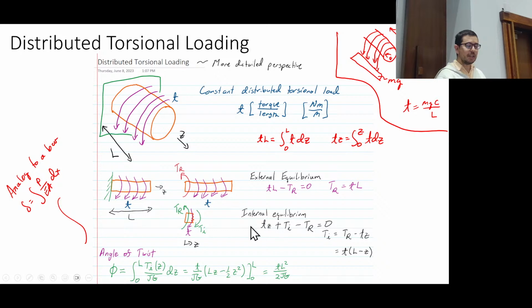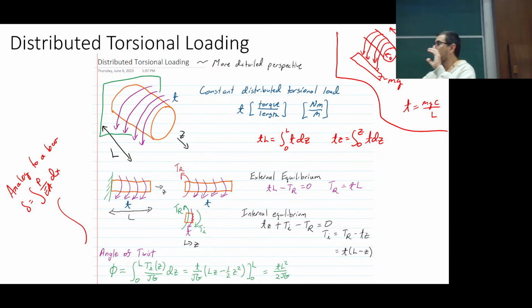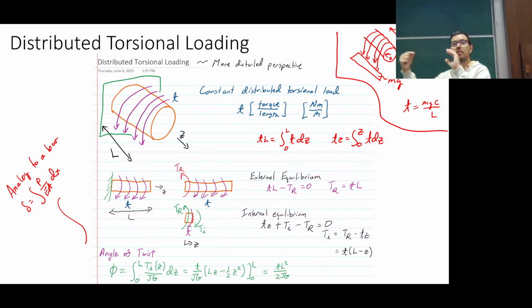Internal equilibrium is a little trickier, right? So of course you can choose, and often, when we did the windmill, the spinning blade, and we were looking at the distributed force, I thought it was easier to think about it from the outside moving in, because that was a centrifugal load.